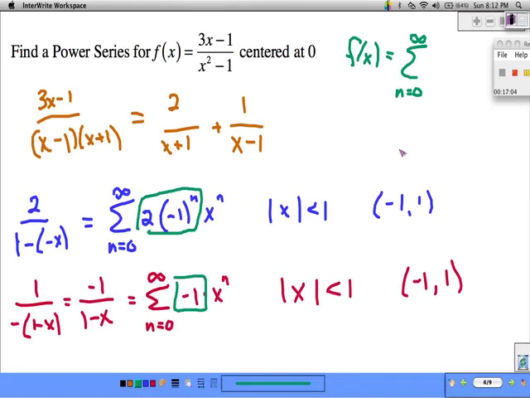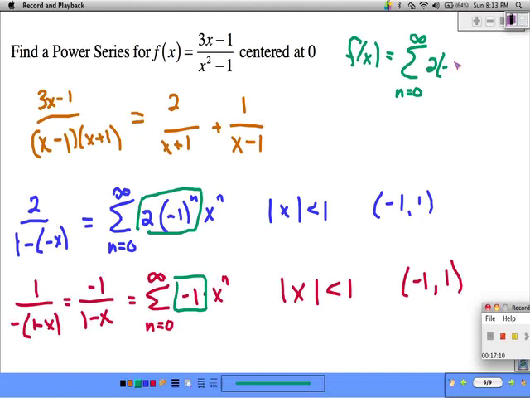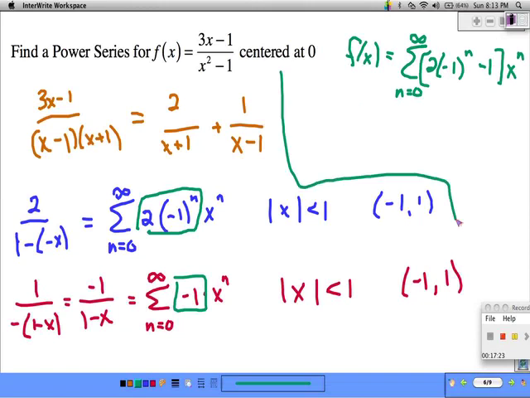So 2 times negative 1 to the n minus 1, that times x to the n. And that power series would equal, if we expand it out, 1 minus 3x plus x squared minus 3x cubed, and so on.